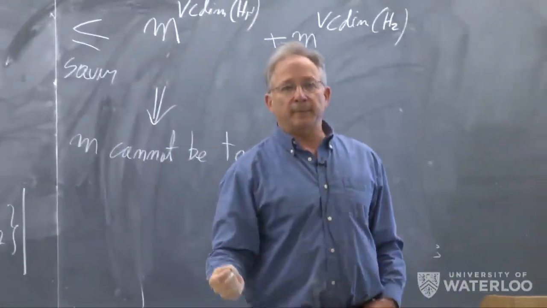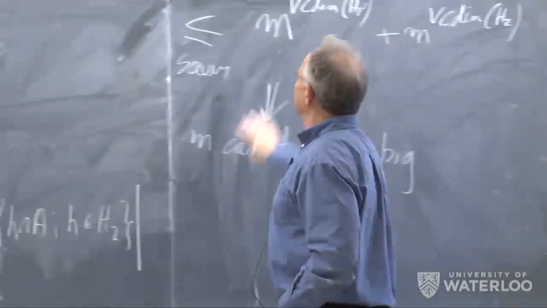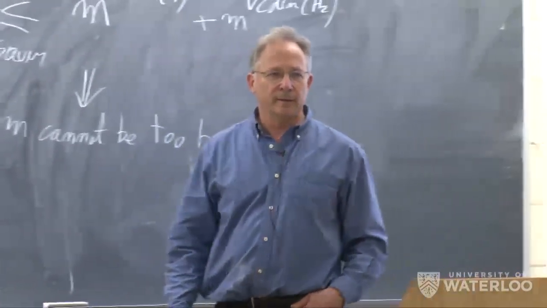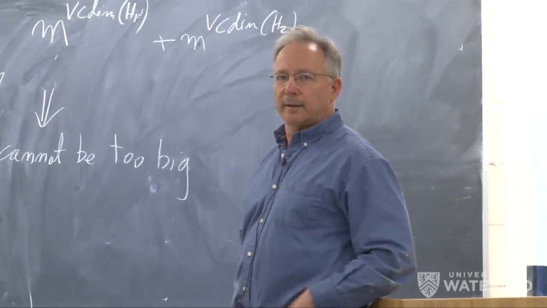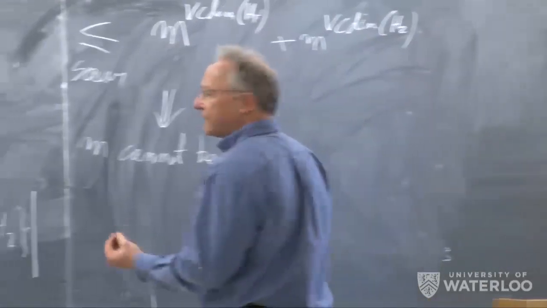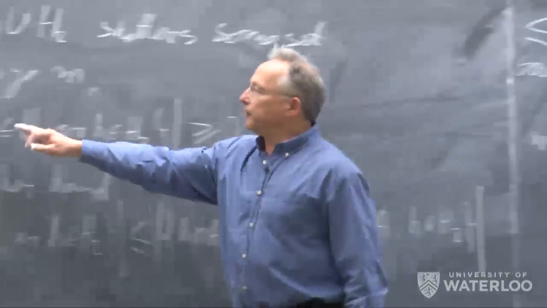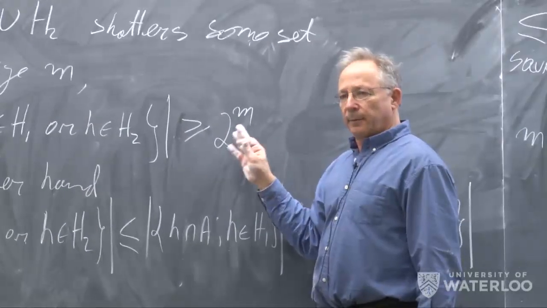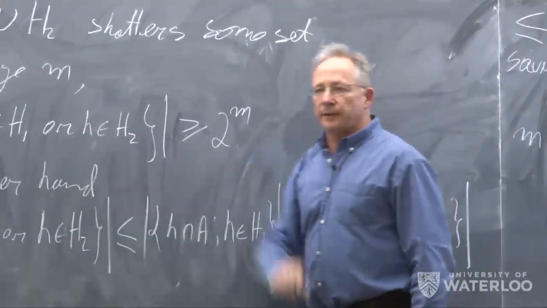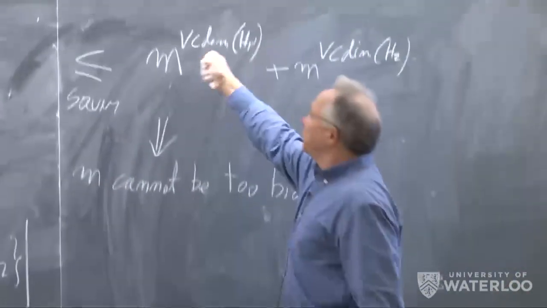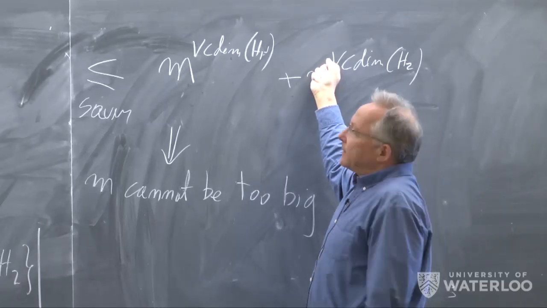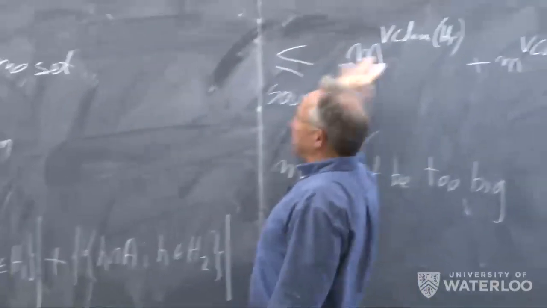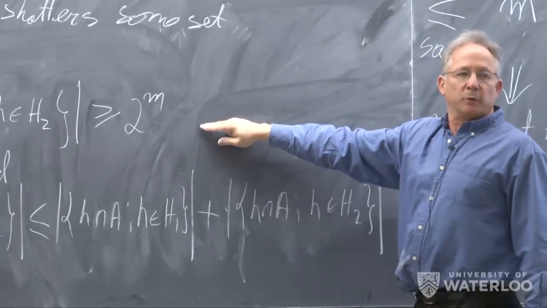But if I want to shatter M, this should be bigger than 2 to the M. If I want to shatter a subset of size M, the number of functions should be at least 2 to the M. But by the Sauer Lemma, the number of functions that I have here is at most M to one power plus M to another power. So as M grows, I cannot have that this one is bigger than this one. So I will not be able to shatter M.